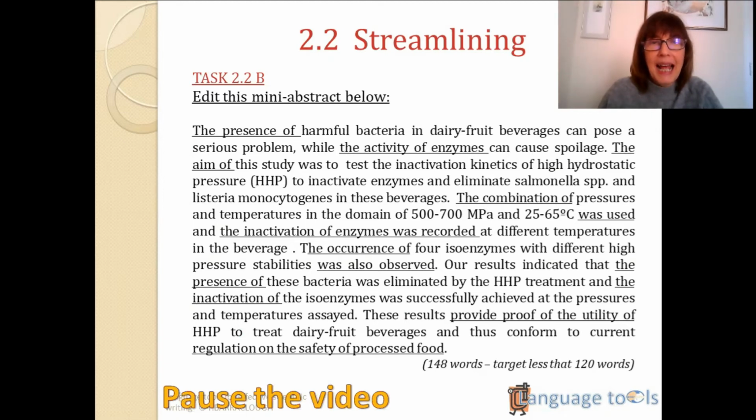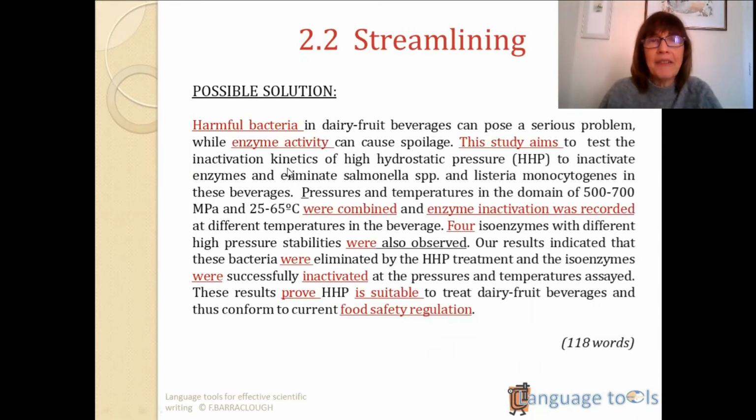All right, and I have here: harmful bacteria in dairy fruit beverages can pose a serious problem, while enzyme activity can cause spoilage. This study aims to test the inactivation kinetics of high hydrostatic pressure, HHP, to inactivate enzymes and eliminate Salmonella and Listeria in these beverages.